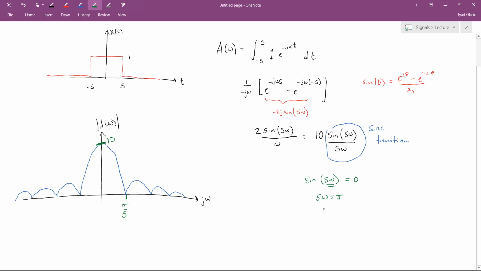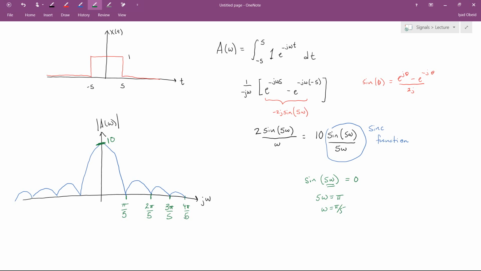So my zero crossing should be omega equals pi over 5. And that's where I get that number from. Okay? And then the rest are evenly spaced. This will be 2 pi over 5, 3 pi over 5, and so on, 4 pi over 5. Okay? So again, this is called the sinc function, and we're going to be seeing a lot of it.